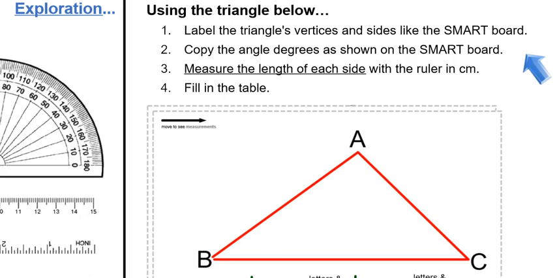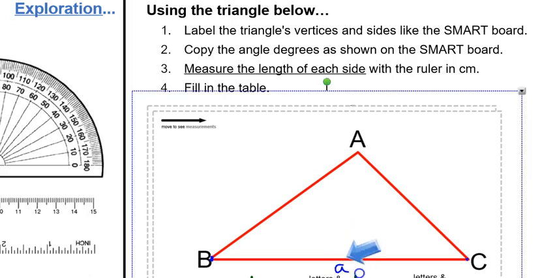And then one thing I want to add to this is we have a shortcut for naming sides. The bottom of our triangle is side BC, but we can name that little a because notice that it is opposite of angle A. Angle A is on the top, and opposite of it is side little a.